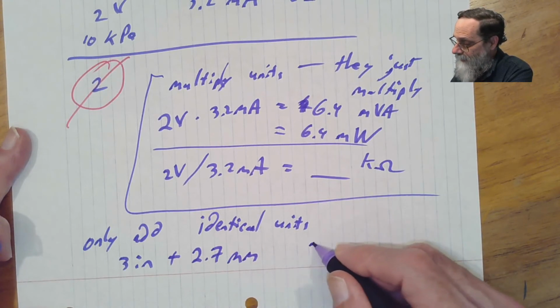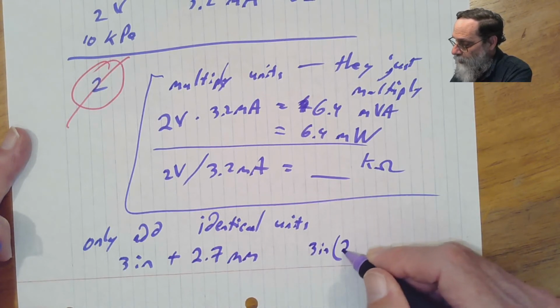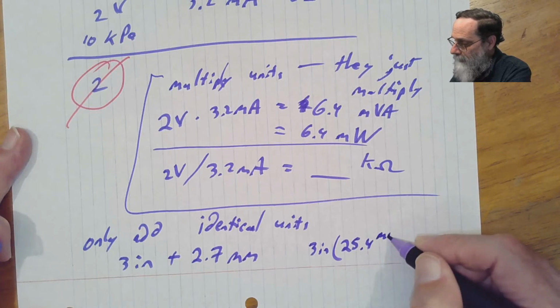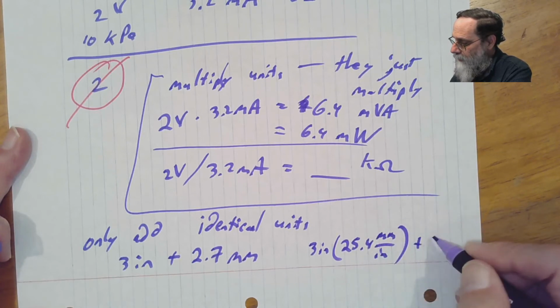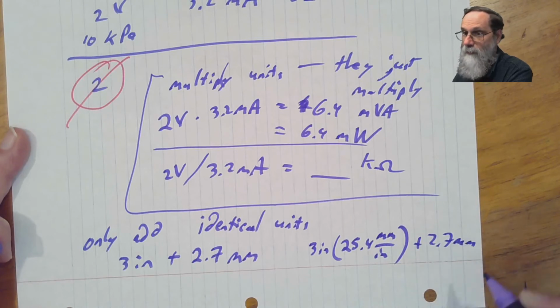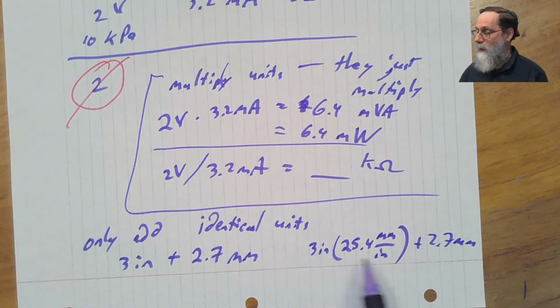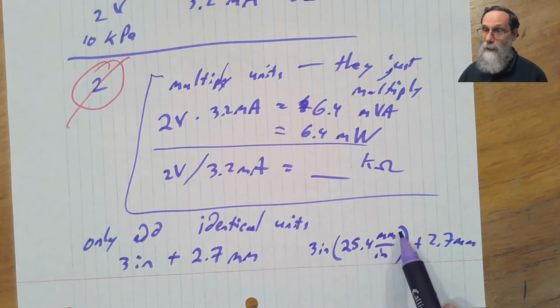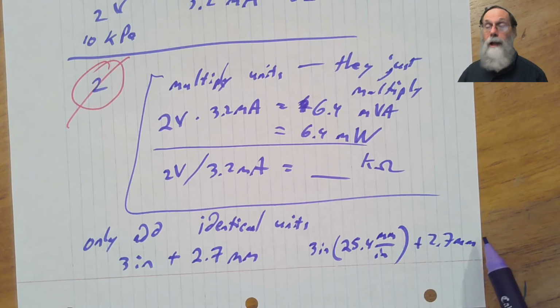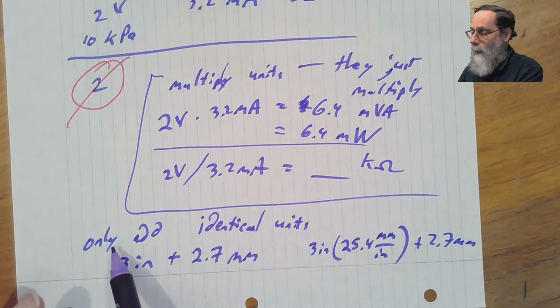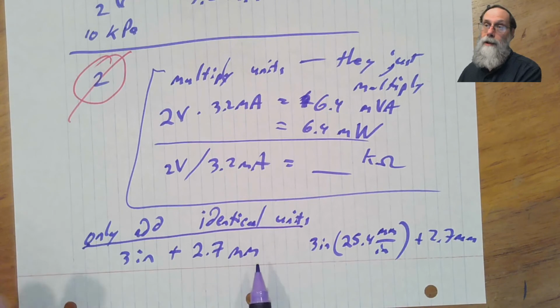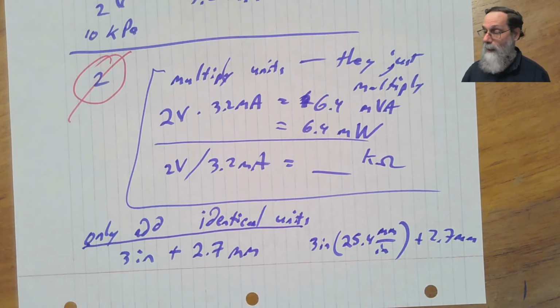But if I do 3 inches times 25.4 millimeters per inch plus 2.7 millimeters, that I can do, because now the inches divided by inches, those cancel, and I'm left with 3 times 25.4 millimeters plus 2.7 millimeters, and those can be added. So you only add identical units. That's a very important sanity check. And again, if you didn't keep the units around, you said, I have 3 and I have 2.7, numbers you can add, but it doesn't mean anything.